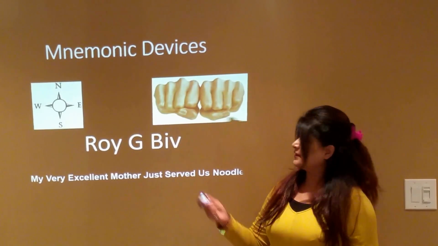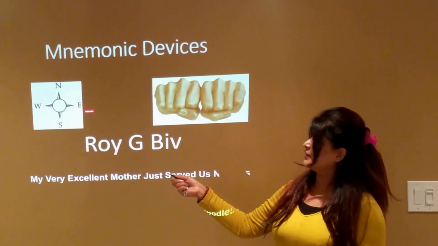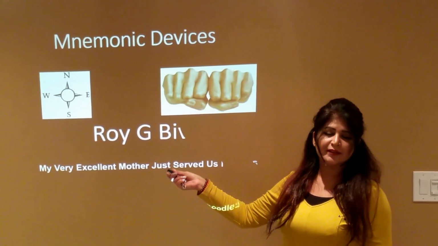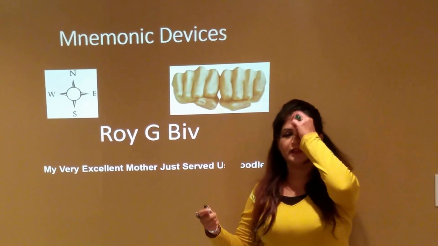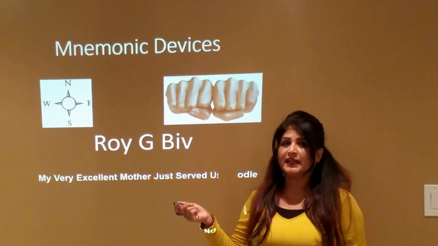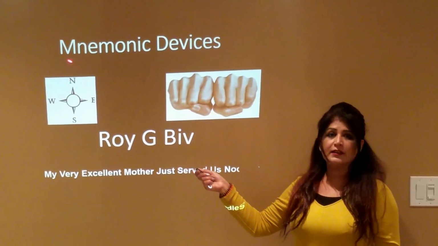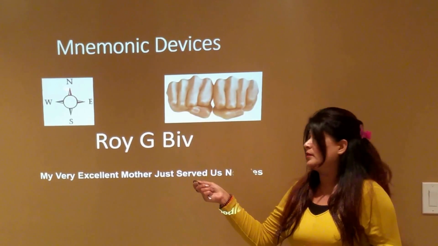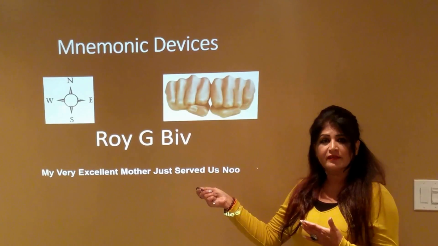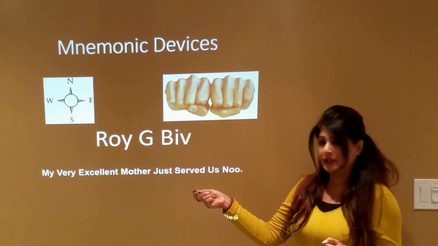Okay, let's take the example of this first mnemonic here. This is a compass. North, east, south, west. Today it seems easy, but earlier when we had to learn it for the first time, it wasn't that simple, and how our teacher taught us to learn it is: Never Eat Sour Wheat.